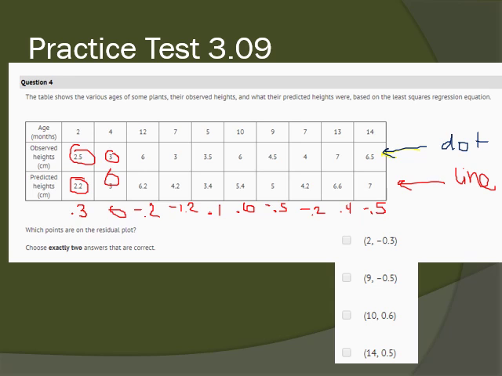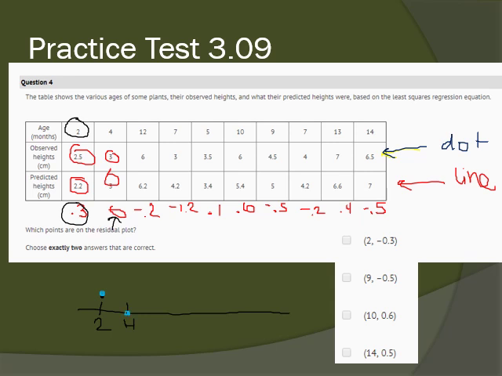Now the way we would plot these is we actually would put a horizontal line, and then you plot the x value, so like 2, but the residual is 0.3, so I would plot it at 0.3. And let me do that in a different color, like a lovely blue, there you go. And then 4 would be right here, and its residual was 0, and so I would put its dot right here.